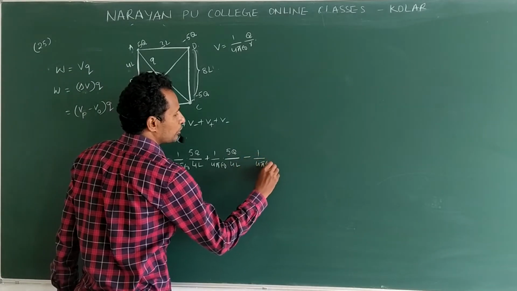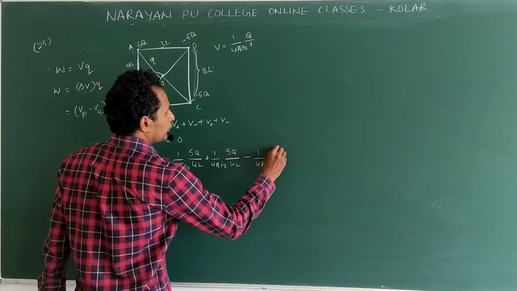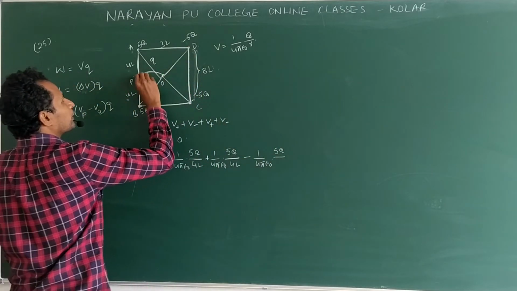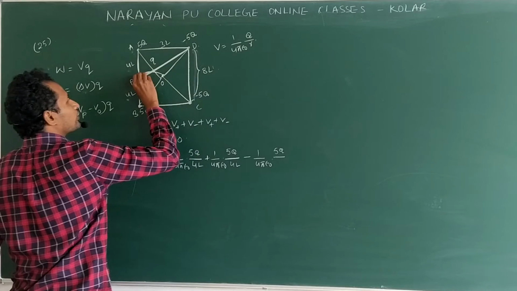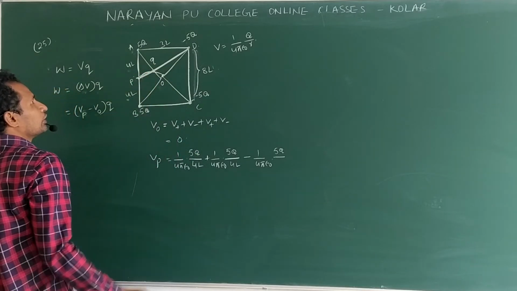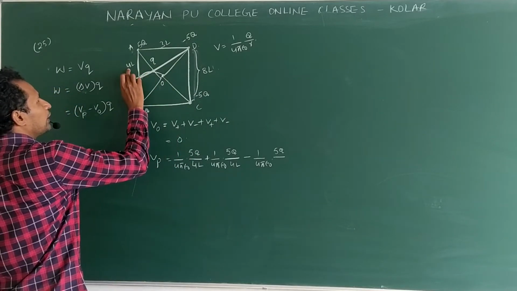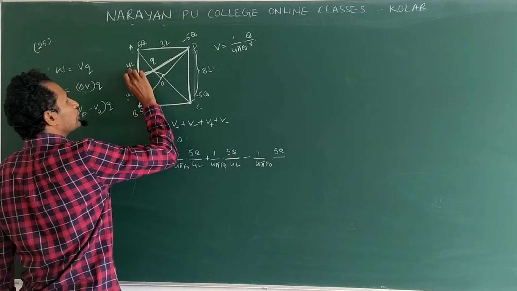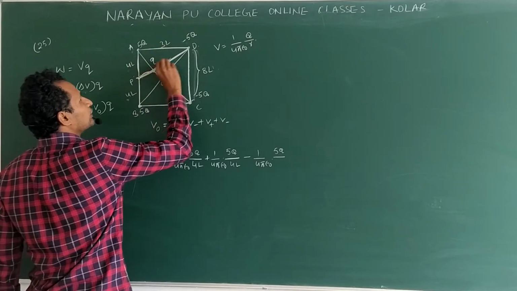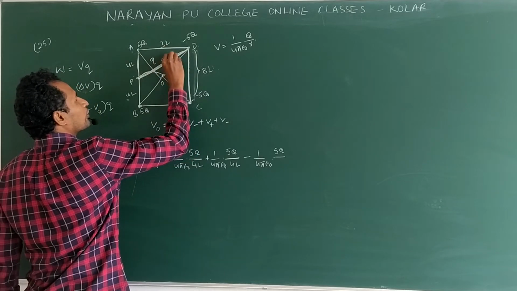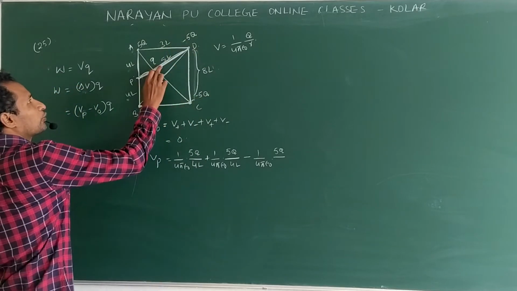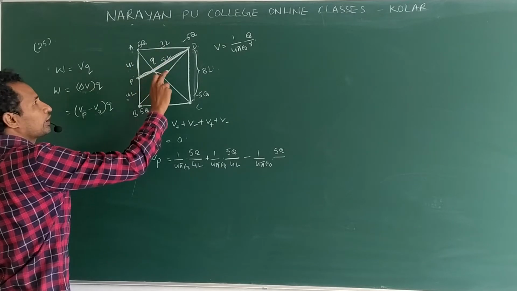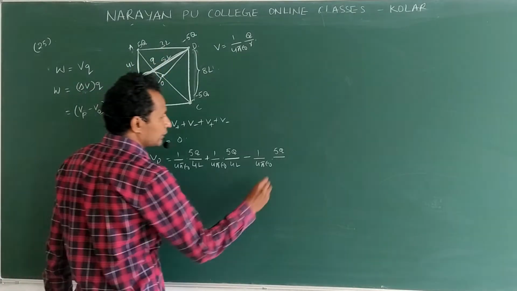pi epsilon naught 5q by distance of 5q to P. We need to take this distance. Clear? Understand? This is 4L, this is 3L. Under root of 4L square plus 3L square, we will get 5L.